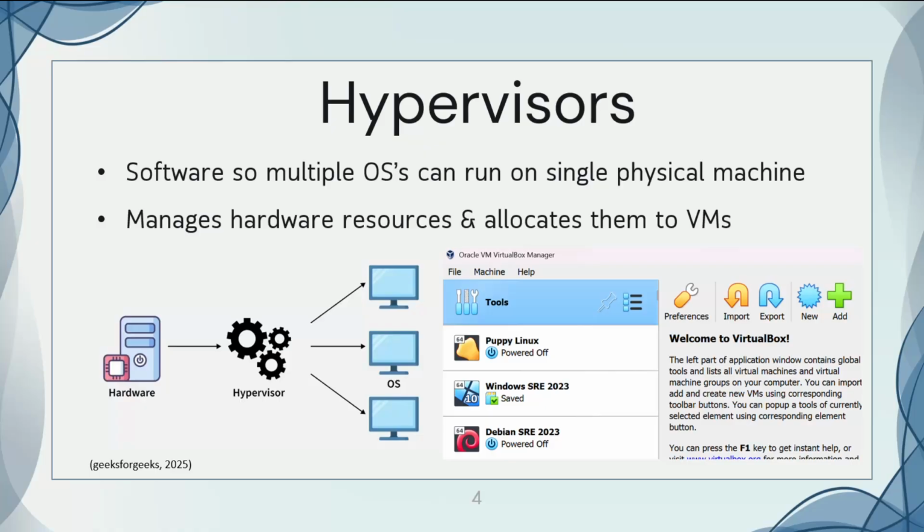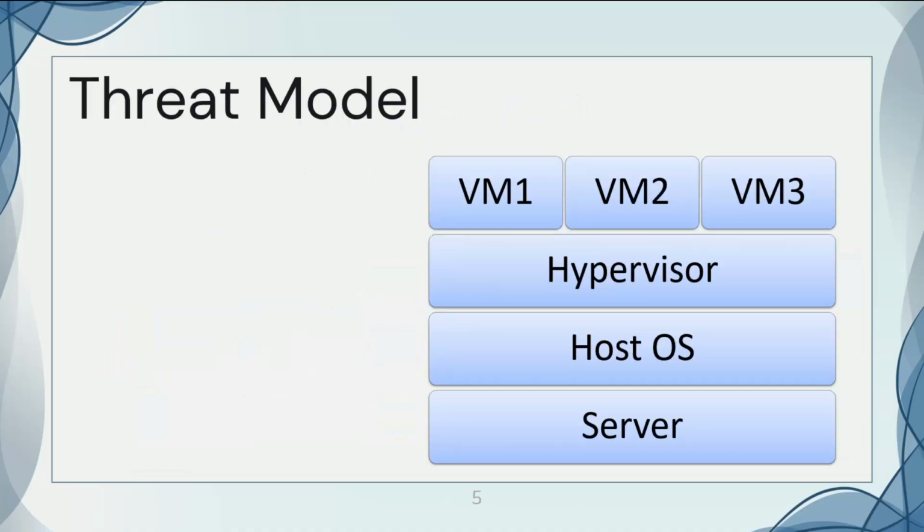So now that we have an idea of what virtual machines and hypervisors are, let's go into the threat model that happens in this situation. This is the threat model that is assumed in the paper and reflects how the researchers designed their fuzzer.